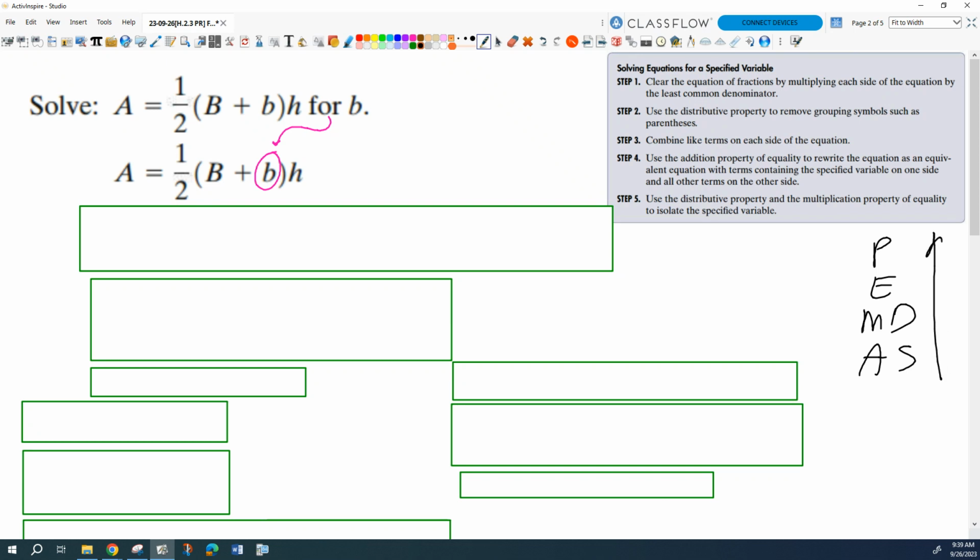Inverse operations. When we see this addition and subtraction, is there any addition or subtraction to undo? Well, there's some addition, but why is that a later step? Because it's in parentheses.